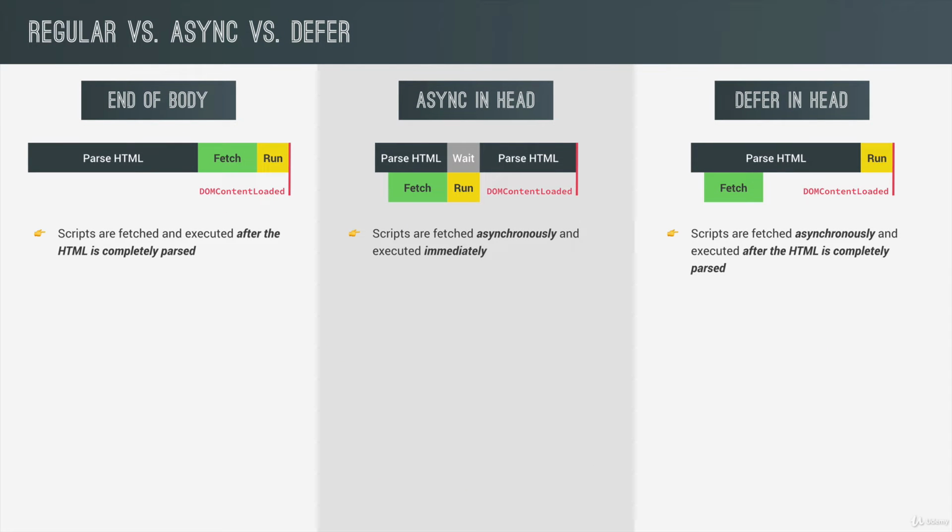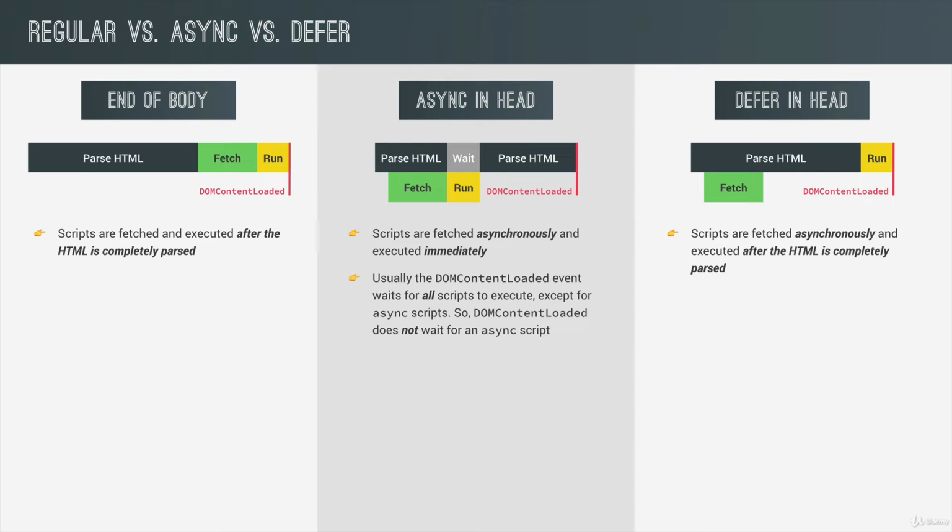So here is what we already know about the three strategies and also the three loading diagrams that we analyzed in the last slide. But let's now compare the async and defer attributes a little bit better. So one important thing about loading an async script is that the DOMContentLoaded event will not wait for the script to be downloaded and executed.